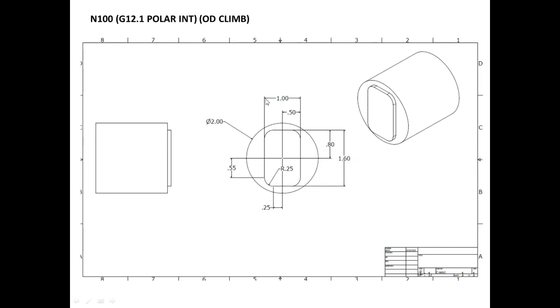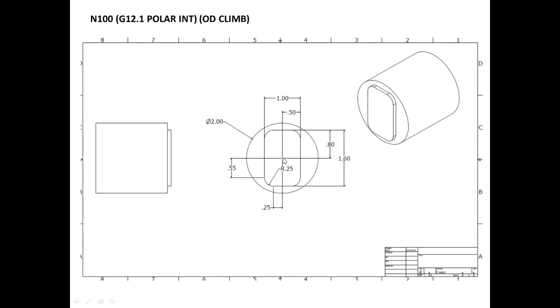So I'm going to set this 1 inch dimension as the X-axis, and the 1.6 dimension will be the Z-axis. Then I'll put a quarter radius at each corner.